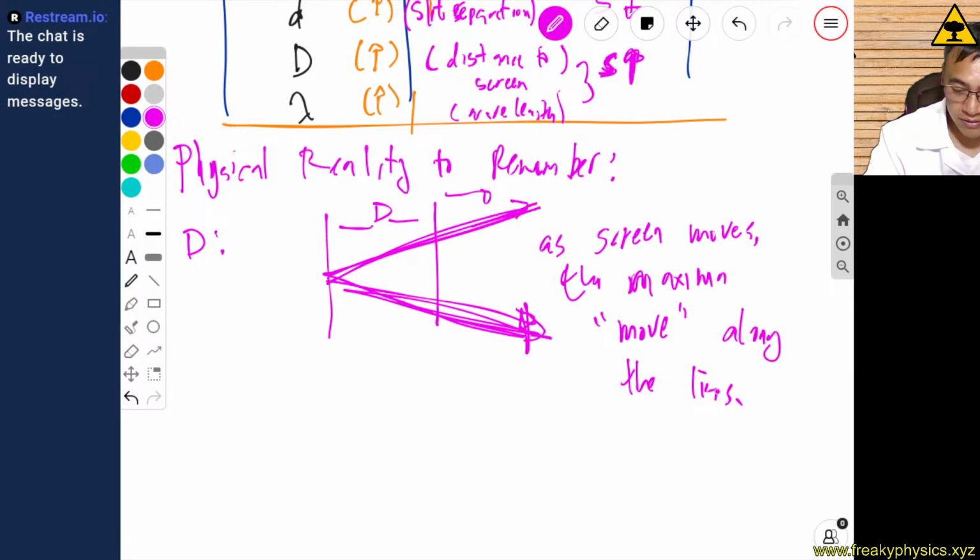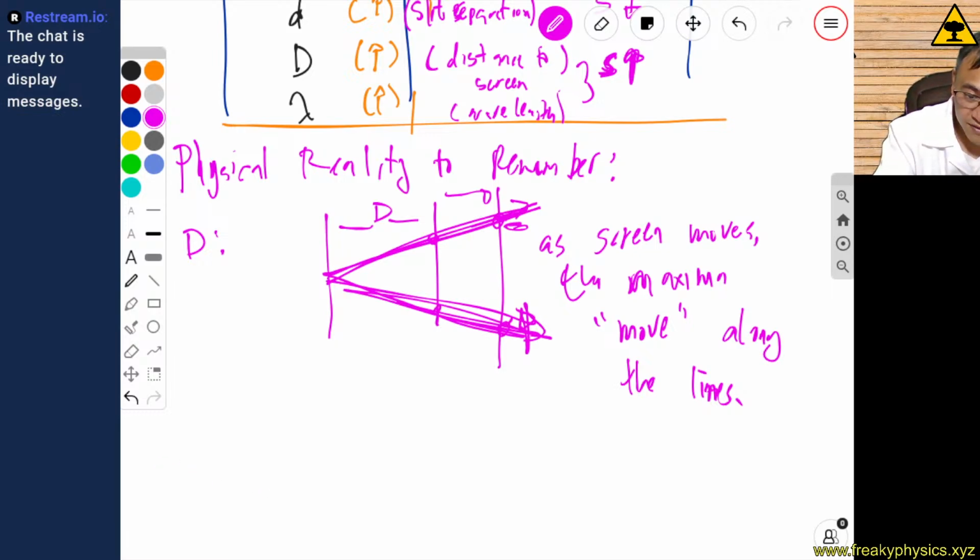So that's the first one you can remember. When you increase D, the distance between here and here is bigger than between here and there. So that's the first part, big D.